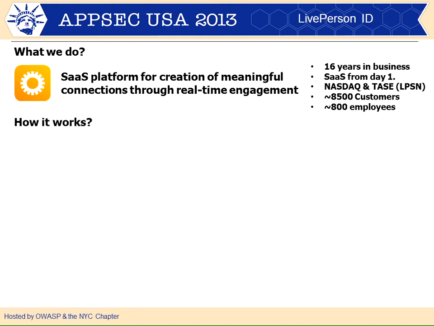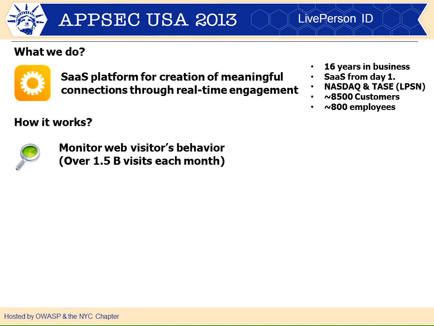So, how does the solution work? We monitor visitors on our customers' websites, and since we monitor all this traffic, we managed to see 1.5 billion unique visitors coming to our customer websites. So it's a lot of traffic, and a lot of performance issues are hitting our data centers.